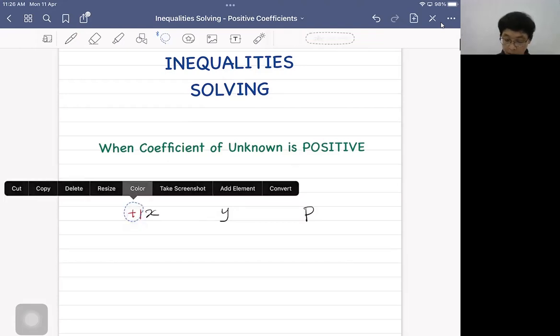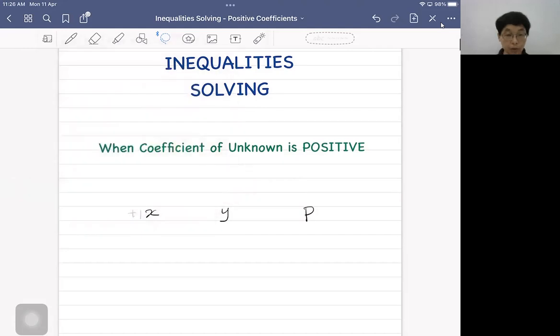So it is kind of like invisible. If you notice that it is a positive one, then that is what we meant in this video. Or sometimes it can be in such a way that it's like 8y, or something like 3p. So this is what it meant by positive coefficient.